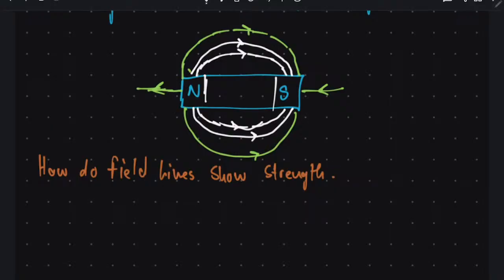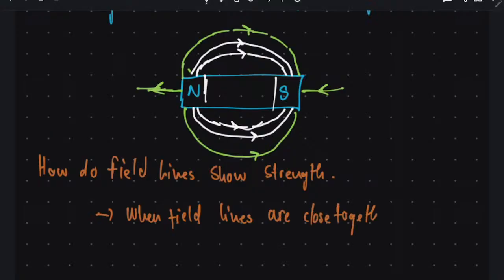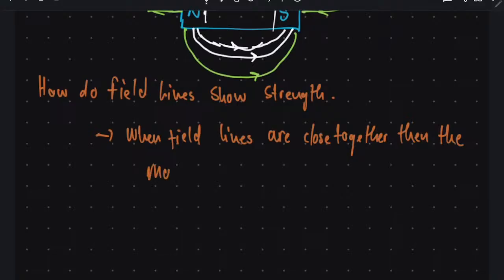You should say, when field lines are close together, then the magnetic field is strong.